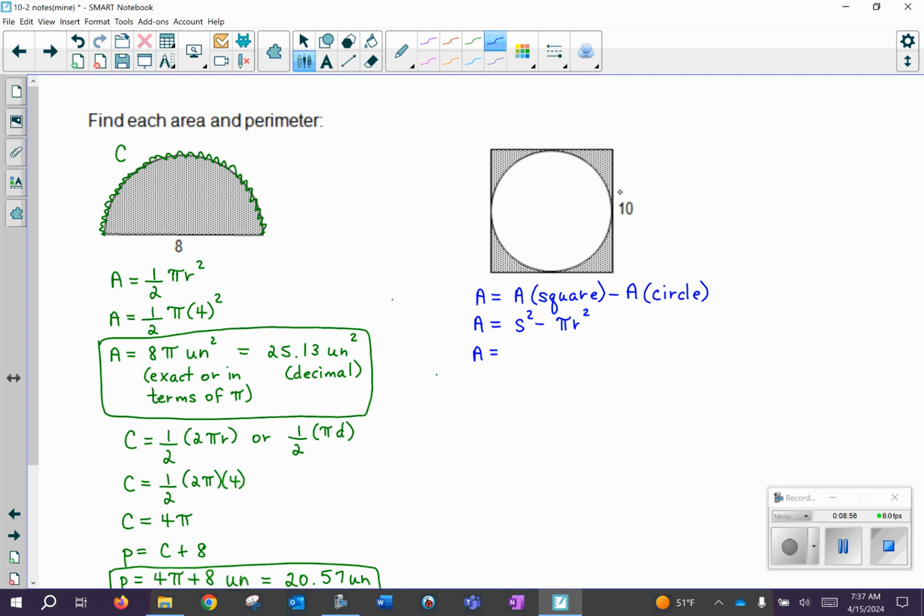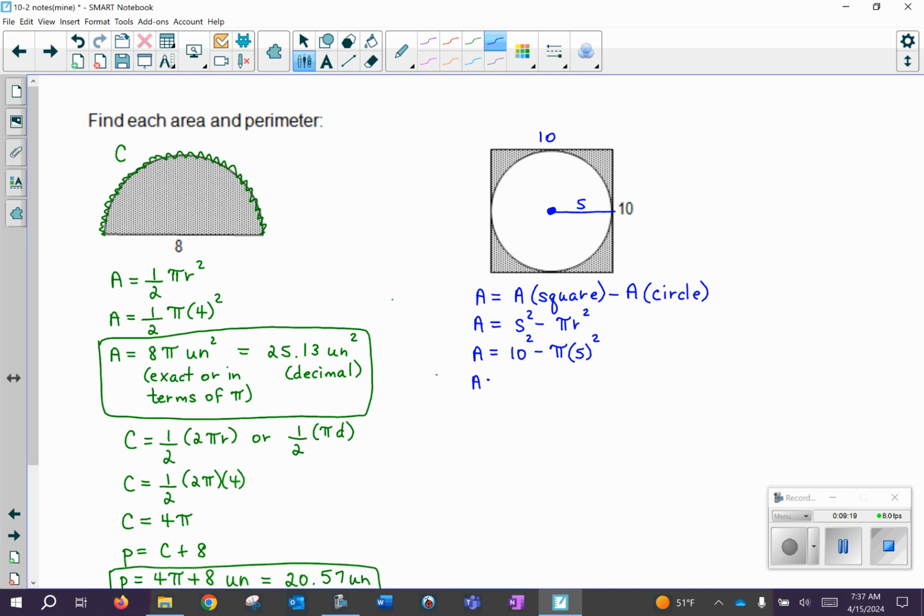All right, so the sides are 10, like we just said. So we're looking at 10 squared minus pi. The radius, if that whole diameter is 10, then the radius would be 5. So we're looking at pi times 5 squared.